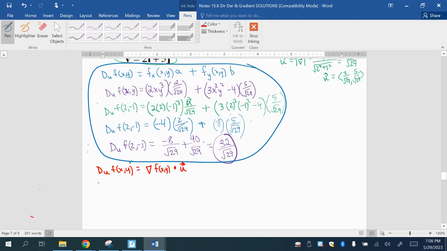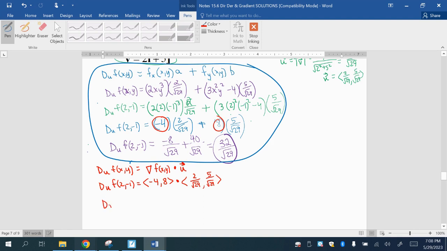So I could now plug in that coordinate point 2 comma -1. The gradient is, oh yeah, that was -4 comma 8. So -4 comma 8. The gradient is a vector dot the unit vector, and that was in this problem 2 divided by the square root of 29 comma 5 over the square root of 29.